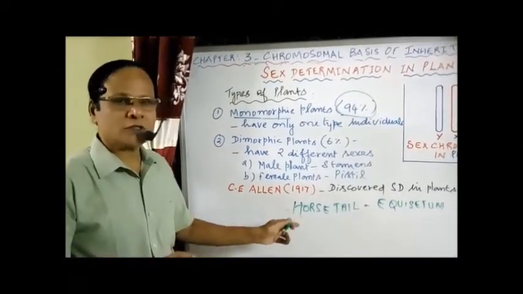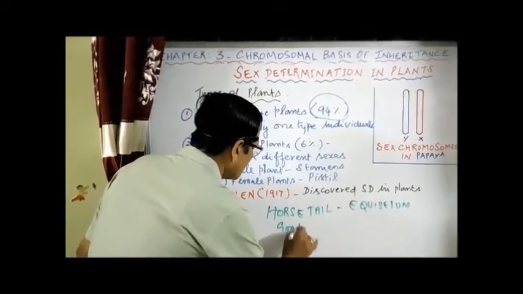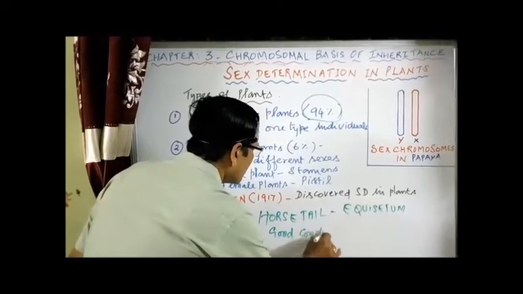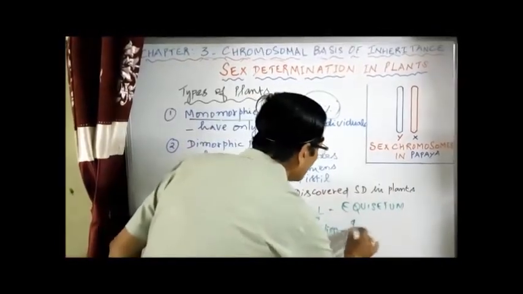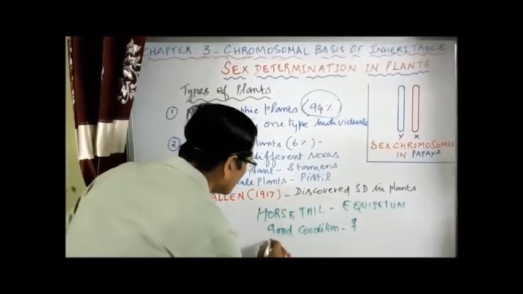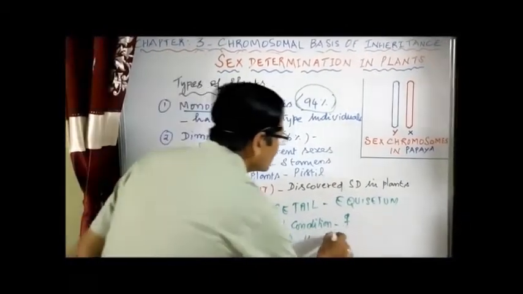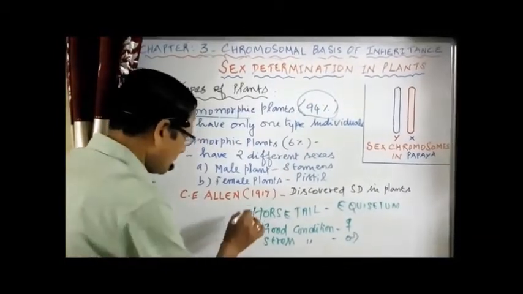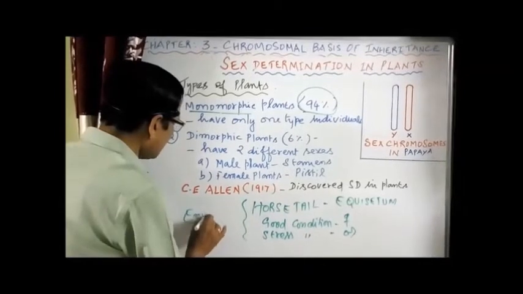A plant which is growing in good condition develops into female. A plant which is growing in stress condition develops into male. So in the case of horsetail, the sex is being determined by the environment.